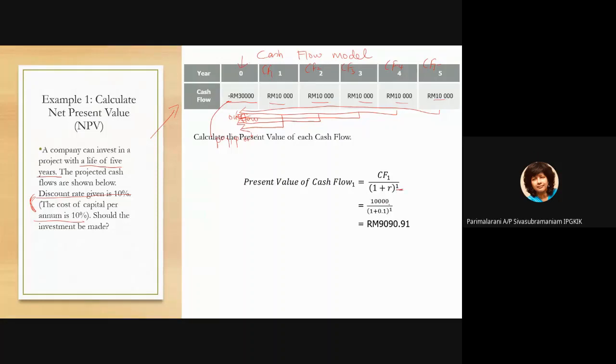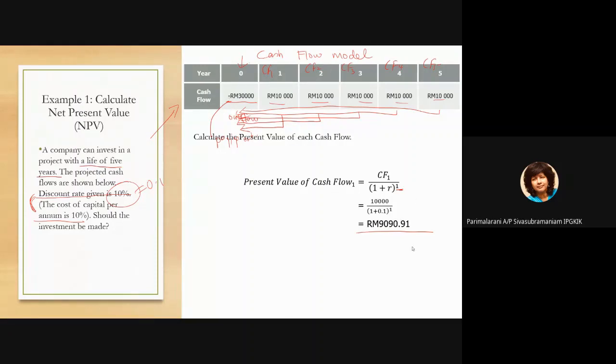The future value of CF1 is 10,000, and our discount rate is 10%, which is 0.1. So 10,000 over (1 plus 0.1) to the power of 1. Calculate, you get 9,090.91. This is the present value. That means in 1 year's time you are getting 10,000, but today that money is only worth 9,090 ringgit and 91 cents.